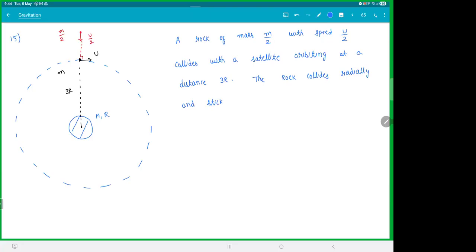So remember, energy can't be conserved before and after collision. Now, because of this, the whole orbit gets messed up. Find the maximum and the minimum distance of the satellite plus rock after collision.